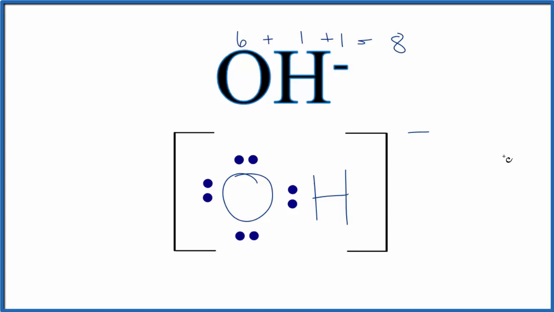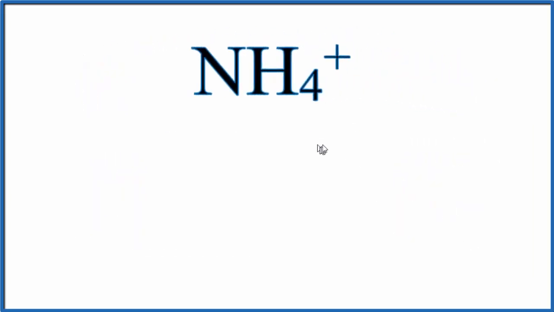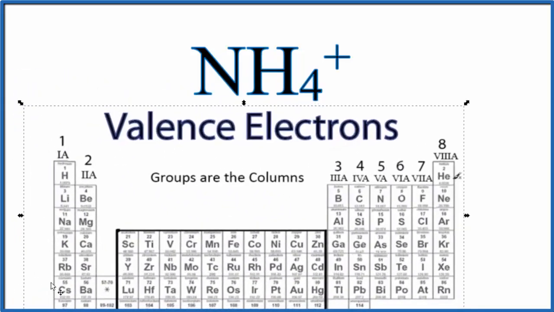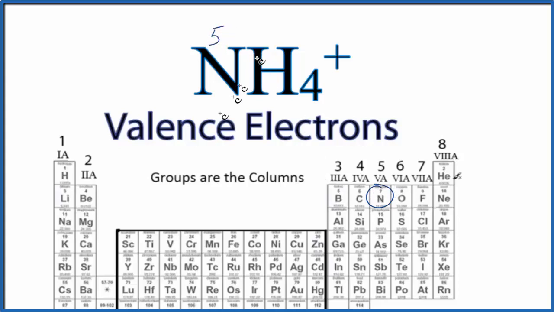Let's try a positive ion. So it's the same process here. We'll count the valence electrons up, so we can use our table here for that. And let's see, we have nitrogen, which is right here, and that's in group 15, sometimes called 5A. That has 5 valence electrons, and remember, hydrogen has the 1 valence electron.